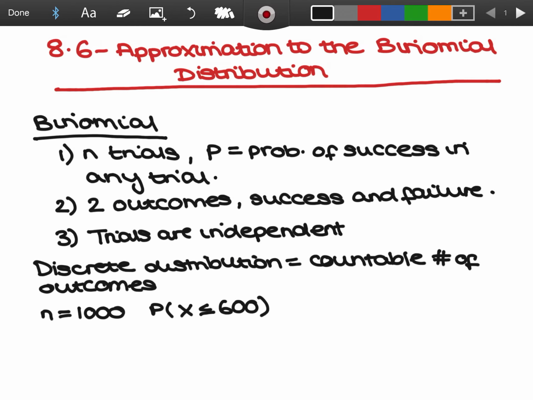Now, if you think back to when we did this, all we did was we went to our calculator and we've got this less than or equal to here. So we knew that we could use binomial CDF in our calculators. And all we would have to do is type in number of trials, in this case 1,000. You would type in the value of p, which if you're tossing a coin would be 0.5, your probability of success, your probability of getting heads.